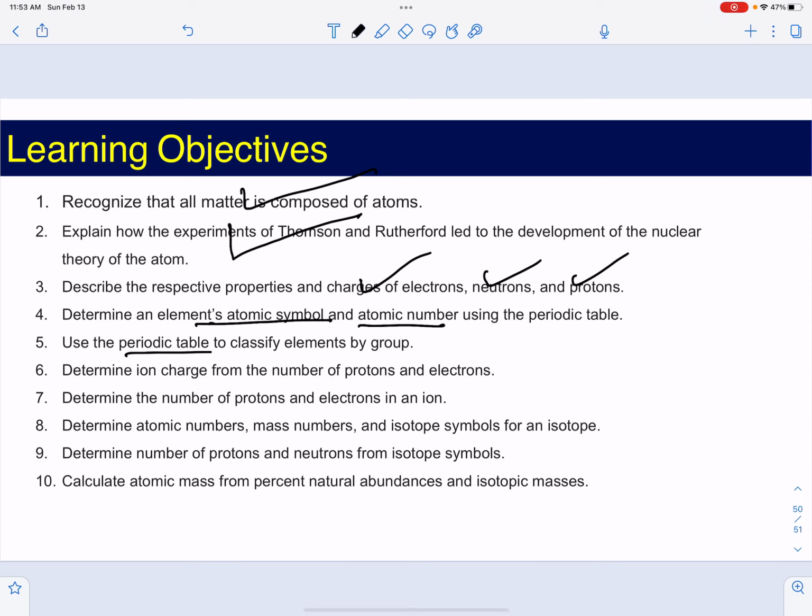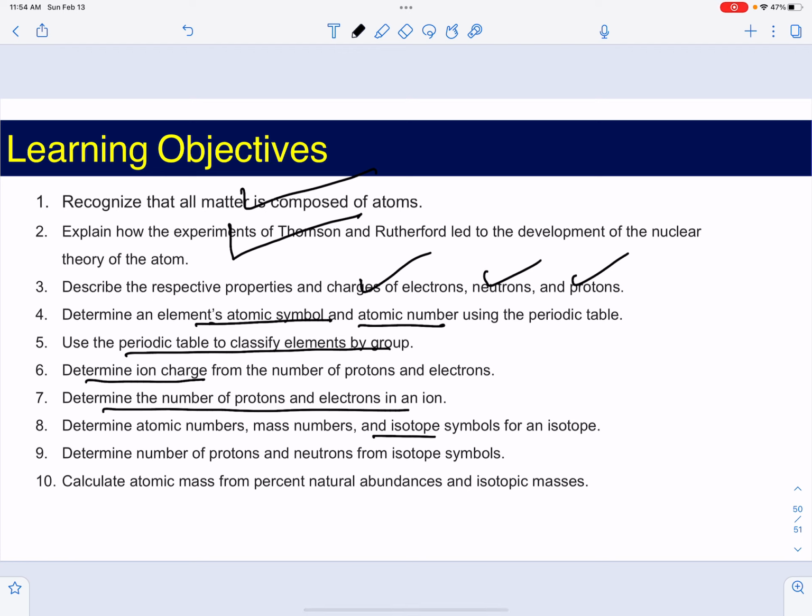Then we took a tour of the periodic table and classified it by metals or non-metals, by the different family groups, halogens, alkali metals, and so on. We also saw that the periodic table is divided by periods and columns, which are the rows and the groups, respectively. And we saw how to determine the charge of the ion. Based on the ion, you can go back and determine the protons and electrons.